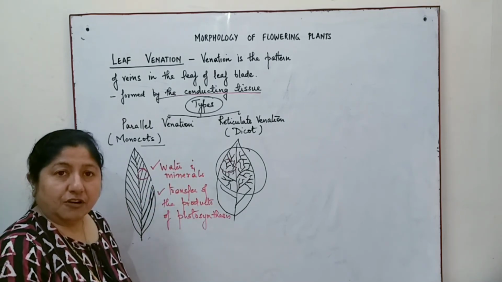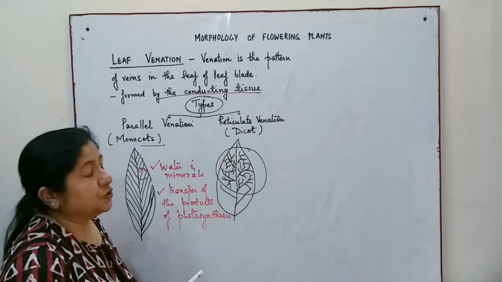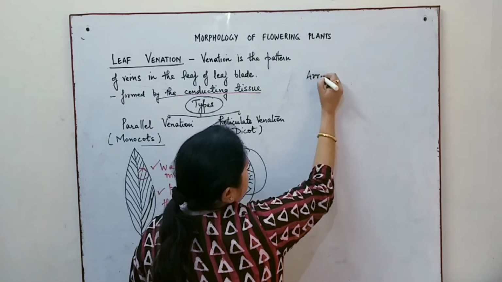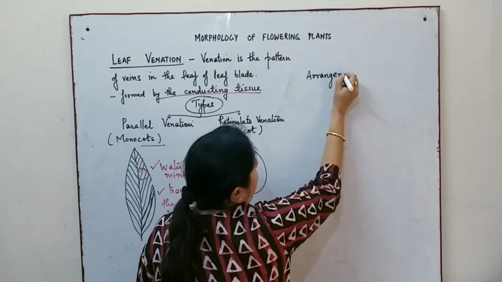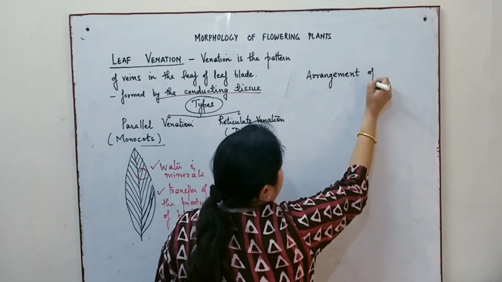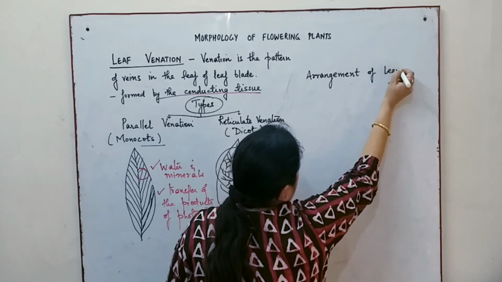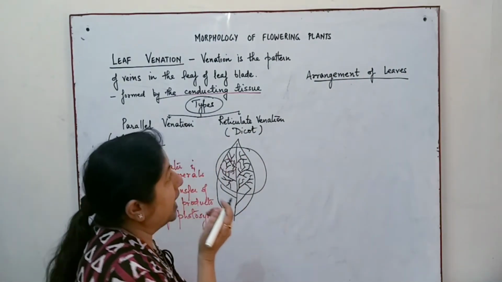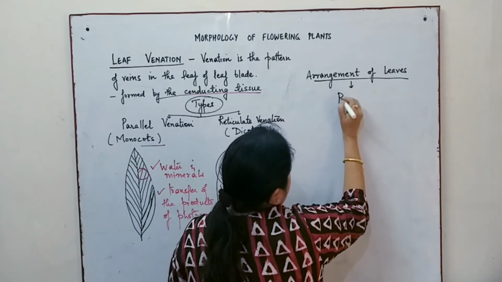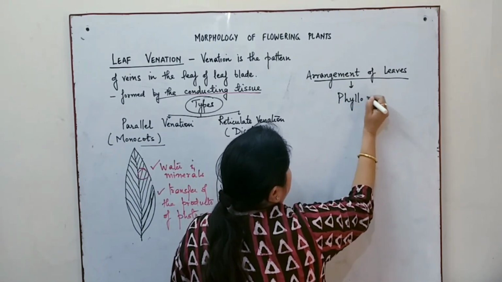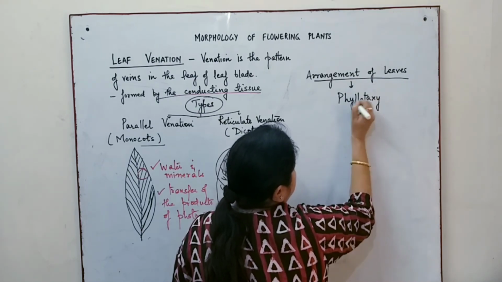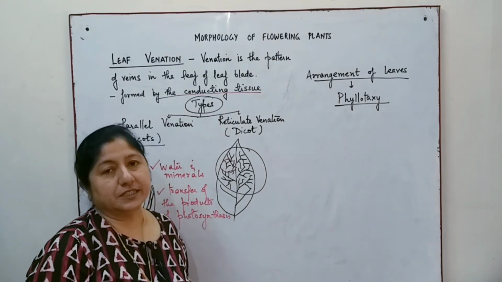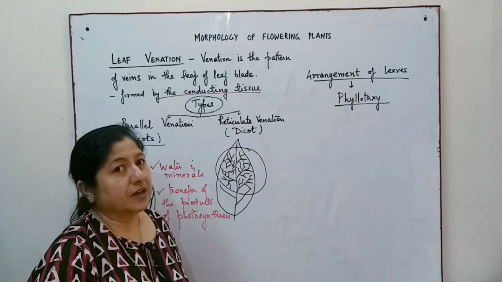The leaves also show different kinds of arrangement. The arrangement of leaves is known as phyllotaxy. So phyllotaxy is the term used for the arrangement of the leaves, and we see different kinds of arrangement in plants.